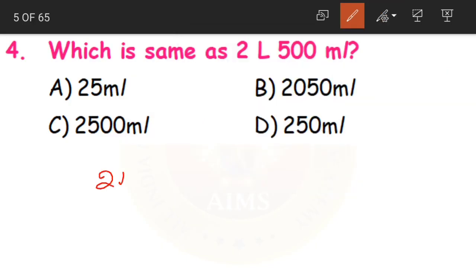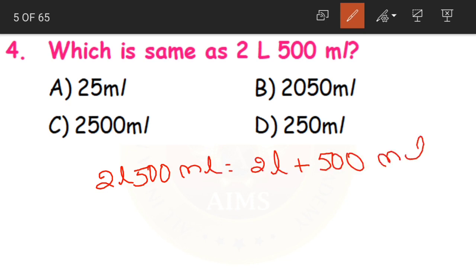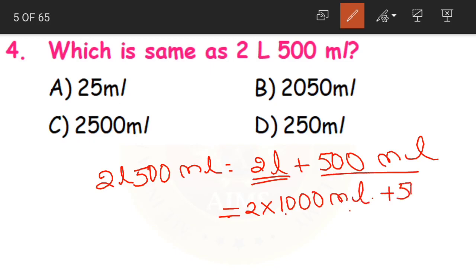What do we have here? 2 liters 500 milliliters is equal to, how do we write it first? 2 liters plus 500 milliliters. Now 2 liters we will multiply with 1000 milliliters, plus our 500 milliliters as it is.